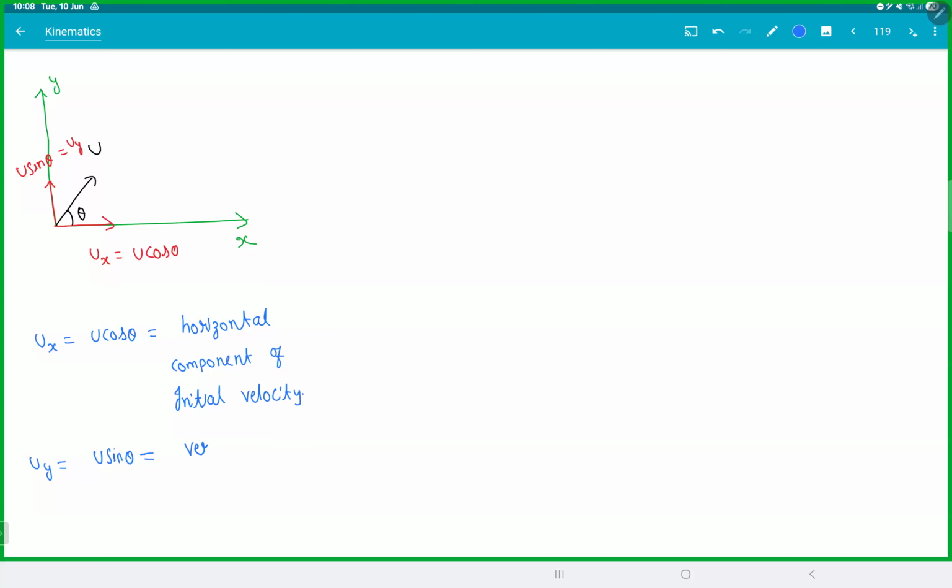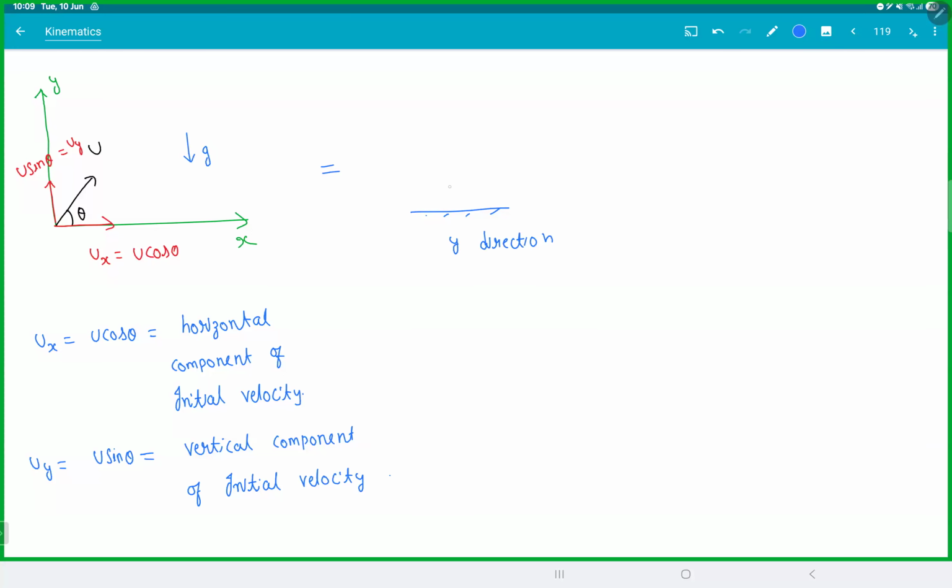This is the vertical component of the initial velocity. So the subscript tells you which direction. And the gravity is g. So now what I'm suggesting is, I don't know how to study U, but I know how to study each one separately. So let's take only the y direction first.